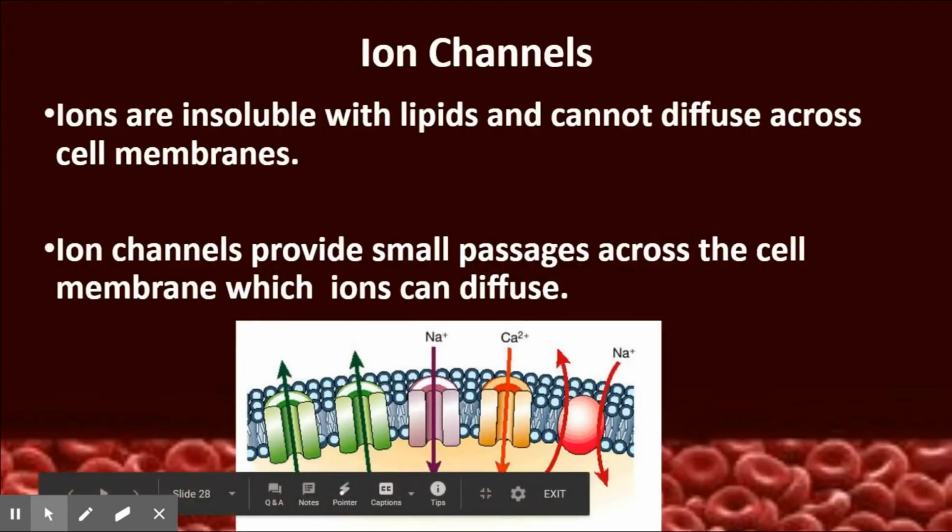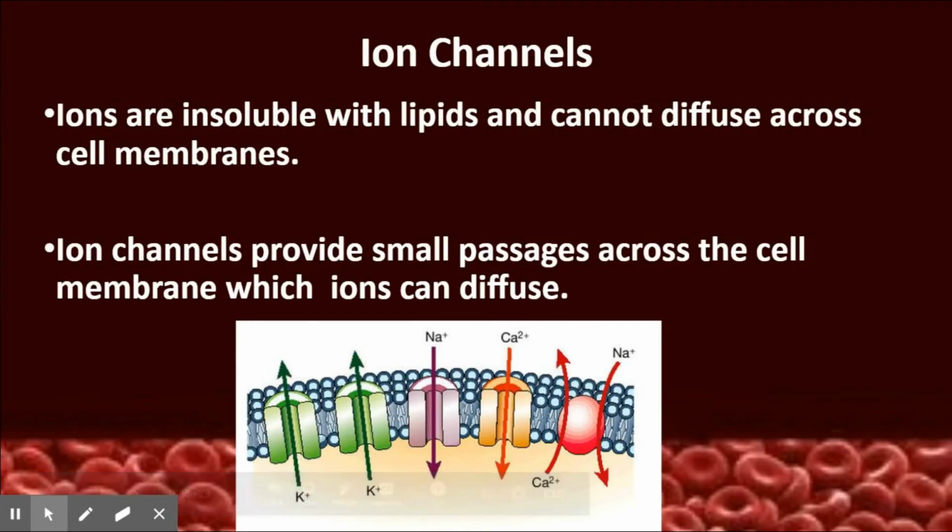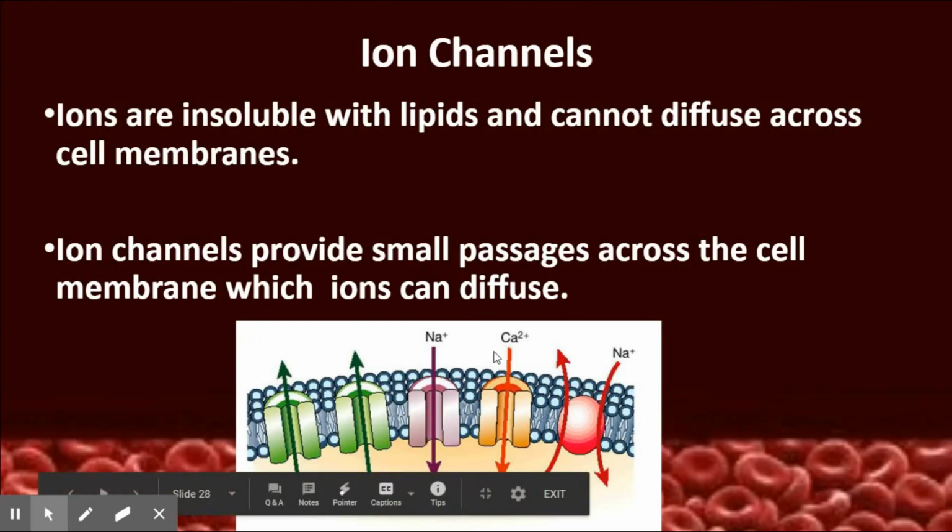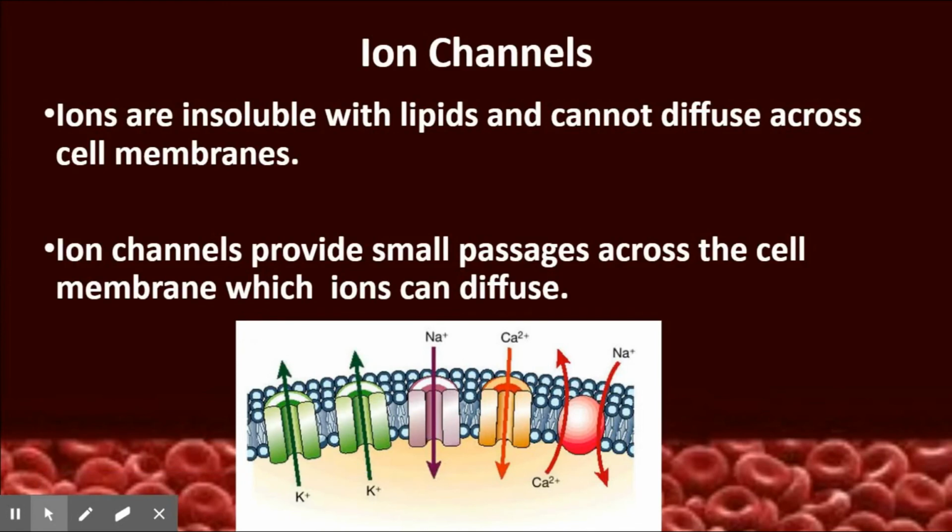One type is called an ion channel. And so these are going to allow specific ions to pass through the cell wall. And the channel is going to be specific for the type of ion that needs to flow through. Maybe it's sodium, so only sodium can fit through. The green here is for potassium, so only potassium can go through that.